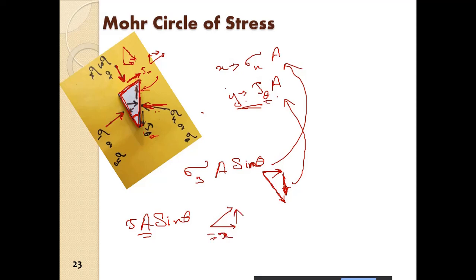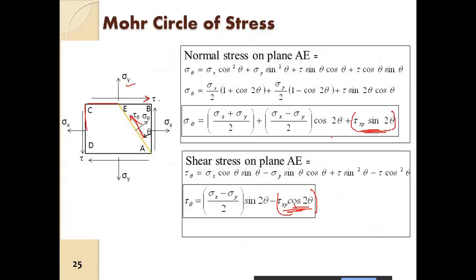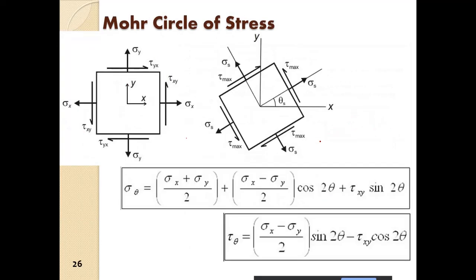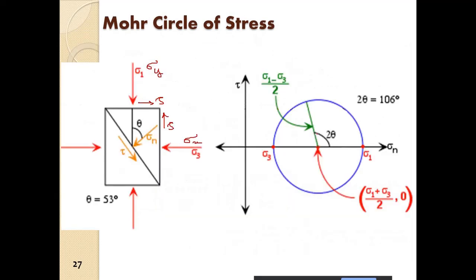So the x direction will add up in this equation, the summation of Fx, and the y component will add up in the summation of Fy. And ultimately you will come up to this equation. All right, so that is the thing.